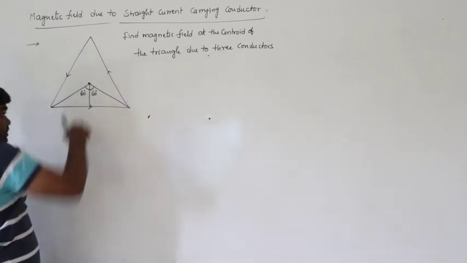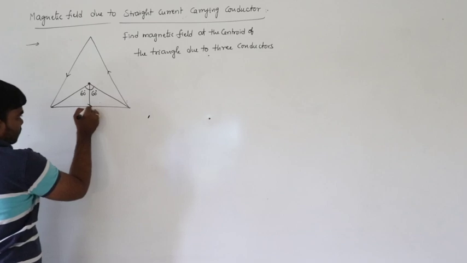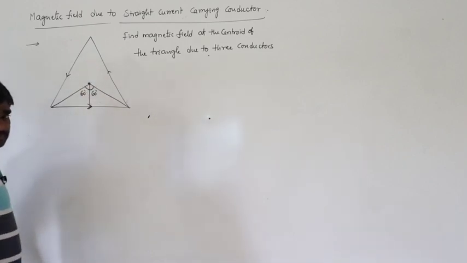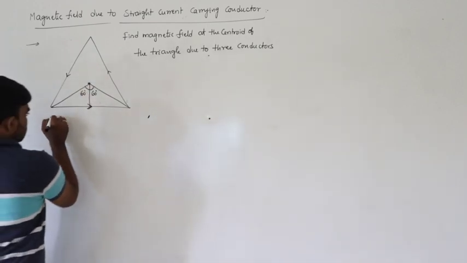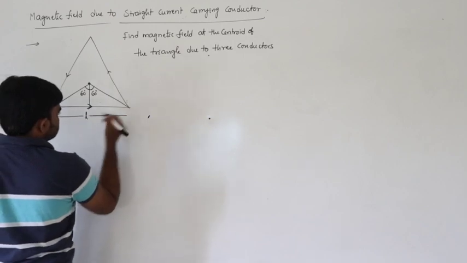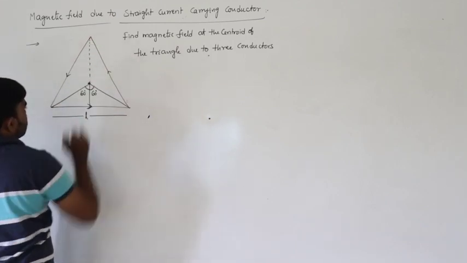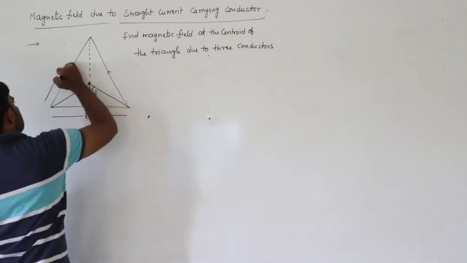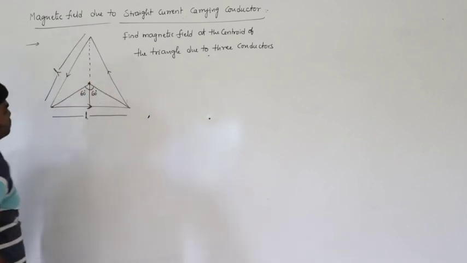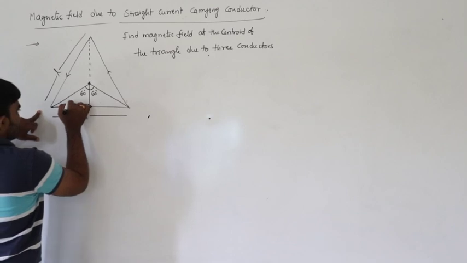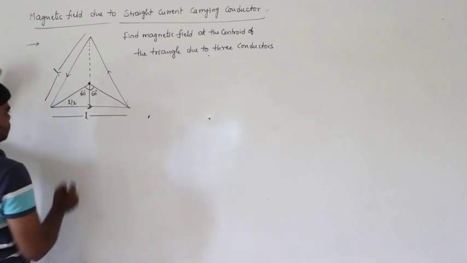First of all, what is this distance we have to calculate? Let us say this side is length L, and this is also L. From here to the midpoint is L by 2.